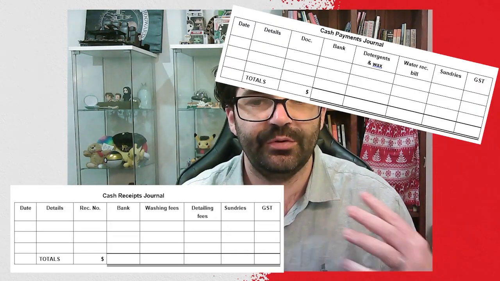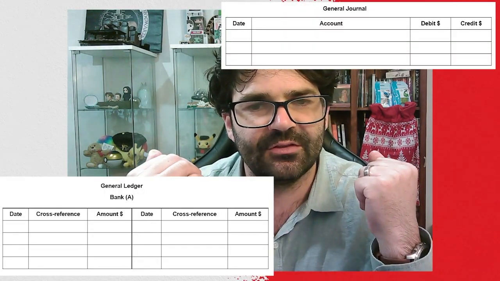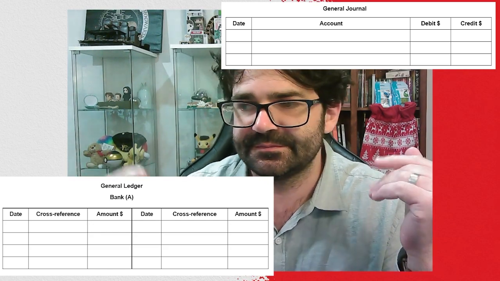Anyway, for Year 12 today, we are looking at general ledgers and general journals. So, up until this point, you have done cash receipts journal, cash payments journal, purchases journal, and sales journal. We get rid of those, and instead, we use the general journal and the general ledger, and they look like so.